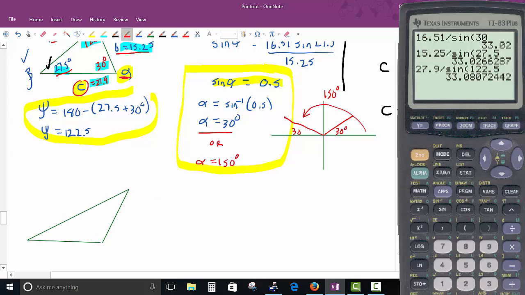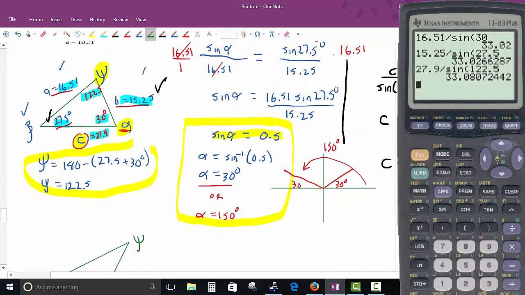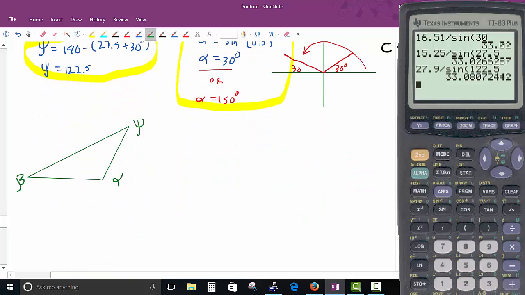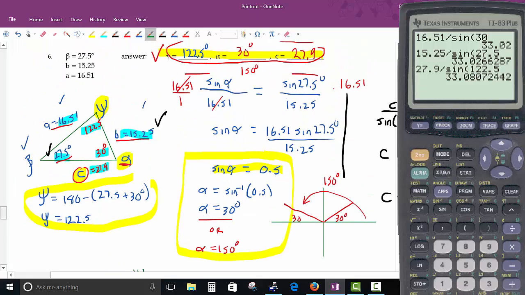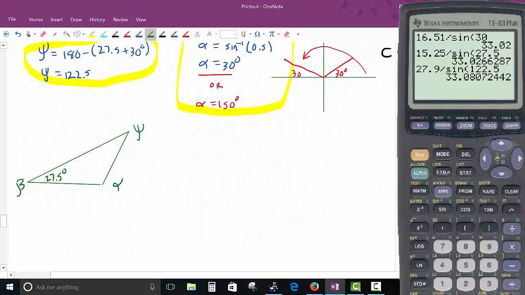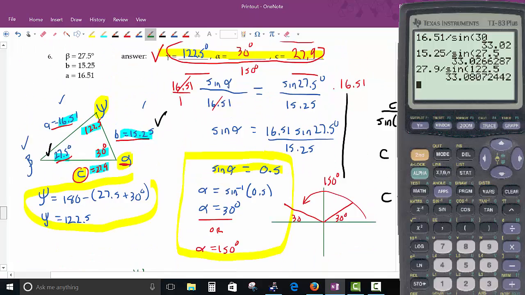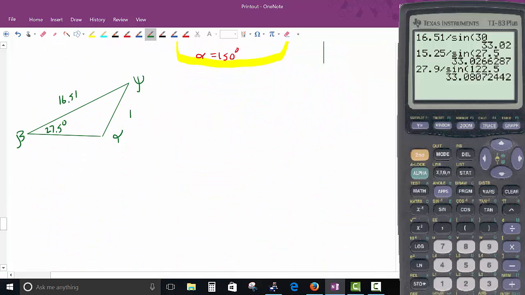So I'm going to go back to what we had. In the diagram to begin with, we said this was beta, this was alpha, and this was gamma. So go back to what you were given in the problem. You were given beta was 27.5. That's fixed. You were given side A was 16.51, and side B was 15.25.